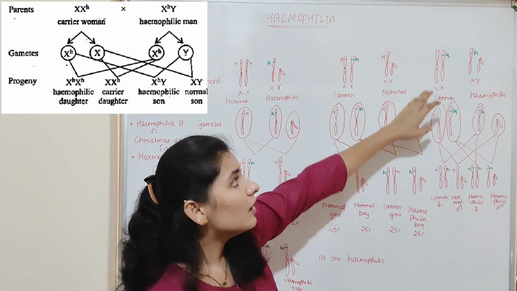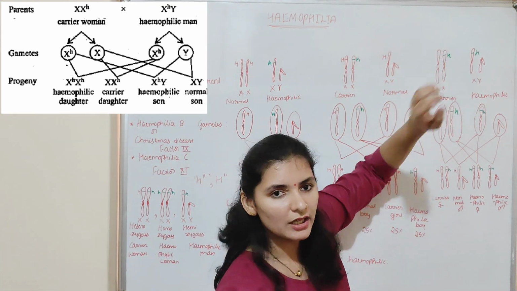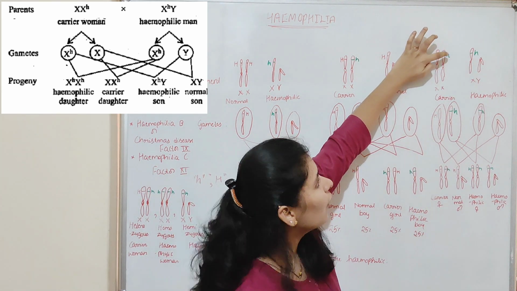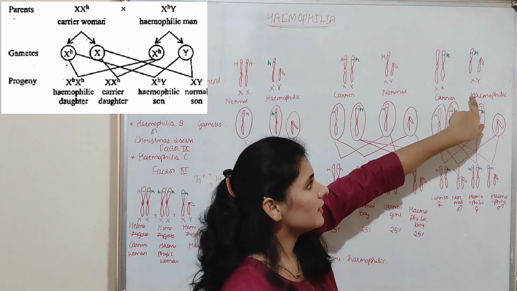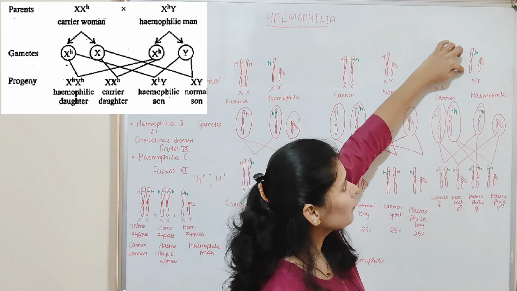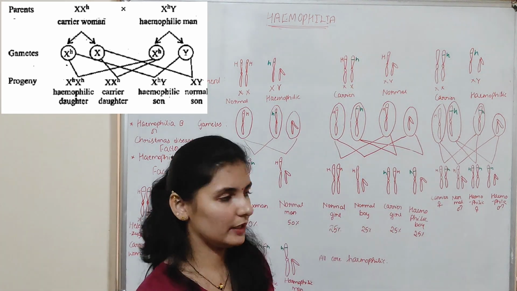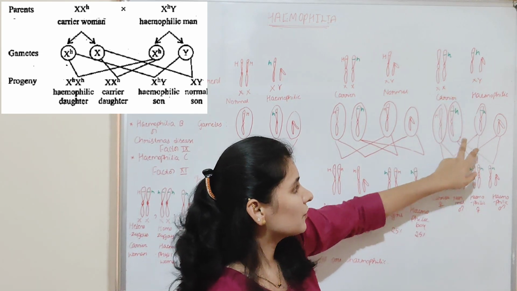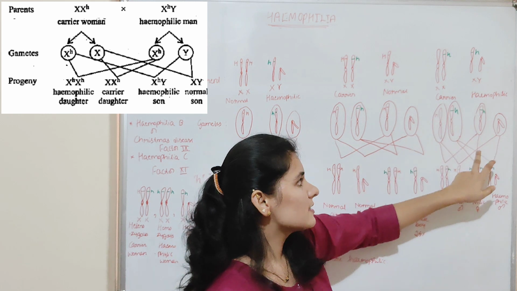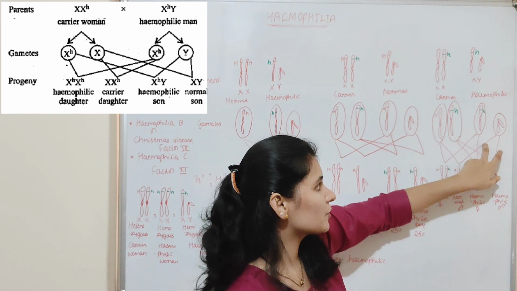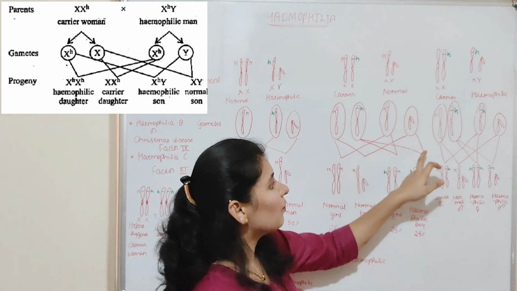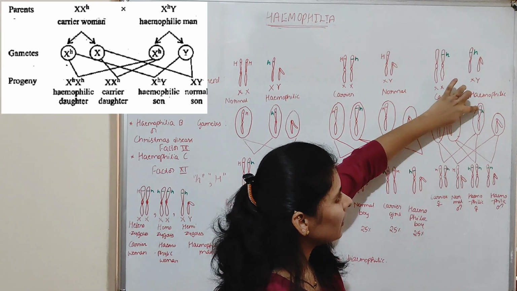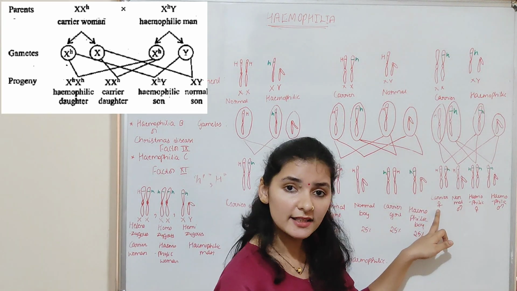In the third condition, a carrier woman marries a hemophilic man. As you all know, a carrier woman means one of the X chromosomes will have the abnormal gene, or gene responsible for hemophilia. Whereas in the case of a hemophilic man, the X chromosome will have the gene responsible for hemophilia. So these are the gametes produced by these parents. In this, 50% of the eggs produced will have this abnormal gene. Similarly, 50% of the sperm produced will have the abnormal gene. So when an egg having the normal X chromosome fuses with a sperm having the abnormal X chromosome, it produces a carrier woman.